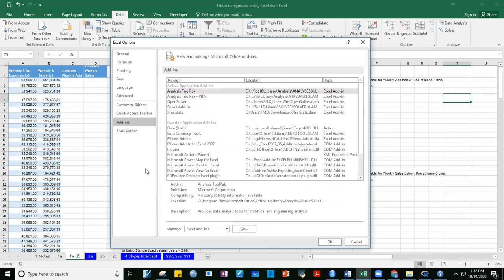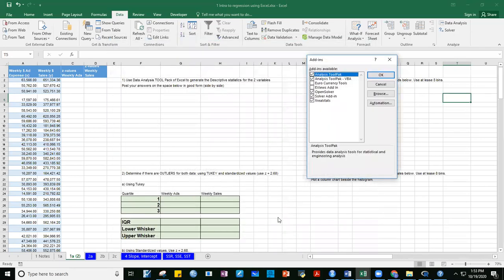Aki, okay? Yes po. Once you click Add-ins, the Manage Excel Add-ins will appear below. This one. Okay, and then Go. Then please click the Analysis ToolPak.